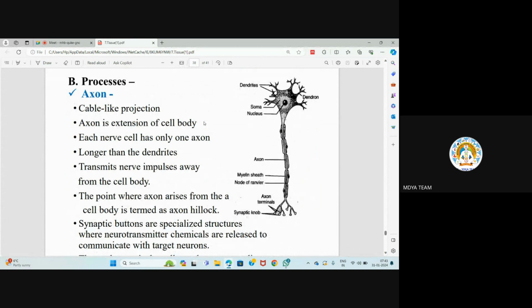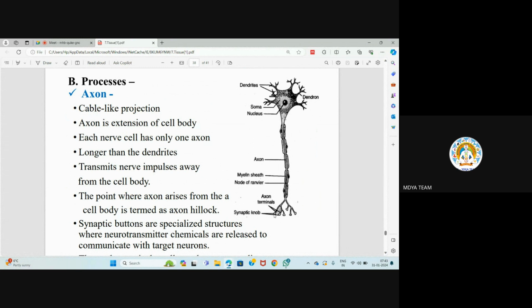We are here for the axon. So you can see here another neuron: dendrites, cell body, nucleus, axon. And the axon is covered by myelin sheath. The gap in between each myelin sheath is known as node of Ranvier.